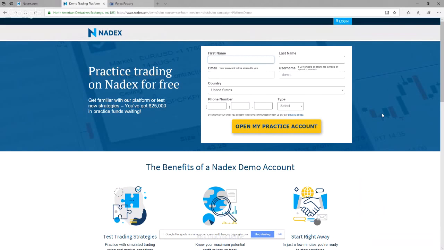Because number one, if you're trading a $25,000 account, look at it like this. Are you going to put $25,000 in your real account? If the answer to that question is no, say you're only planning to put $1,000 in your account, trade that $25,000 like it was only $1,000.